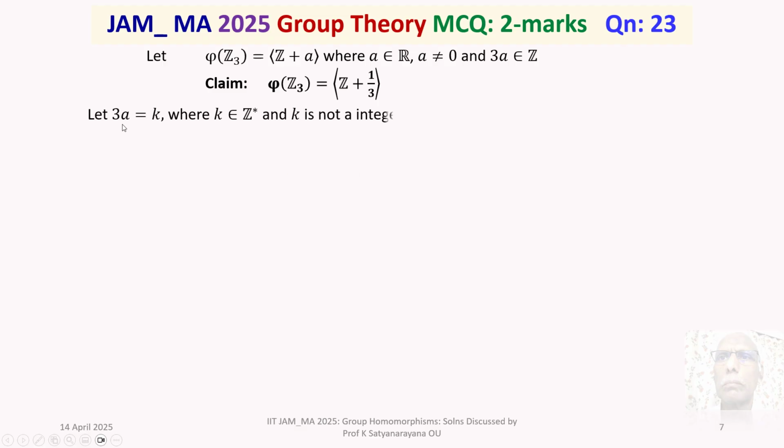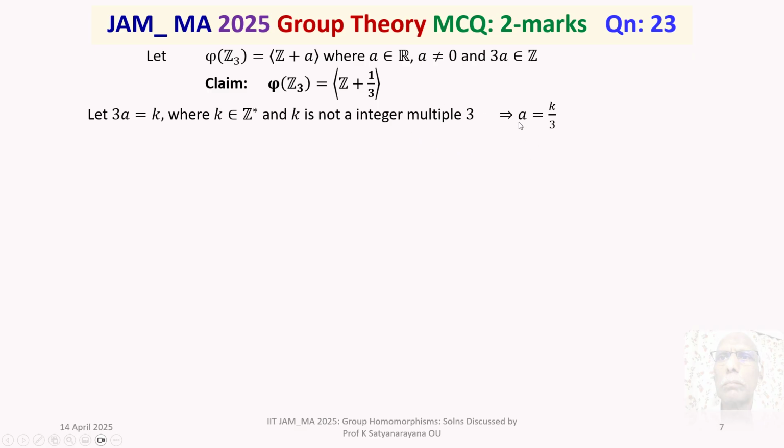Let 3a be equal to k, where a is a real number, a not equal to 0, and k belongs to Z star, a nonzero integer, and k is not an integer multiple of 3.